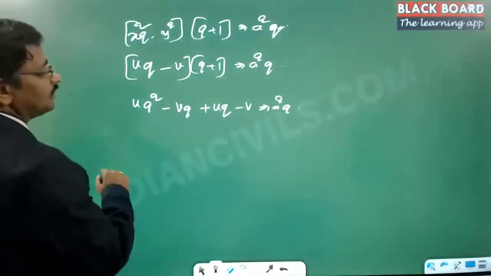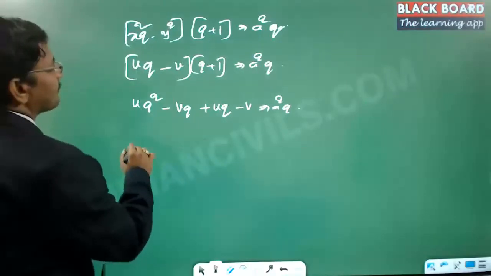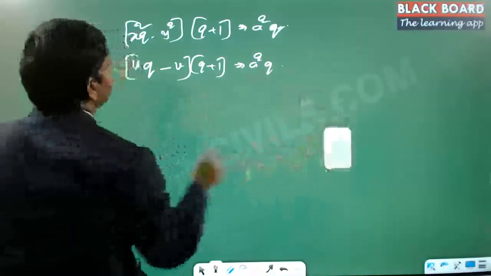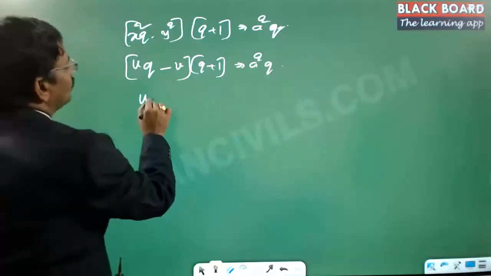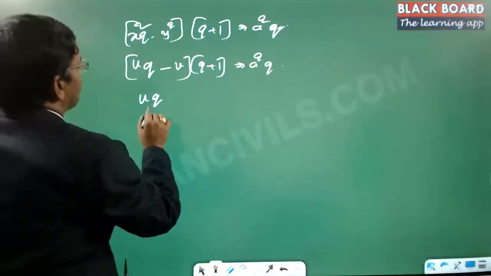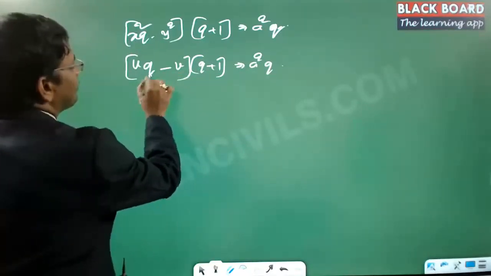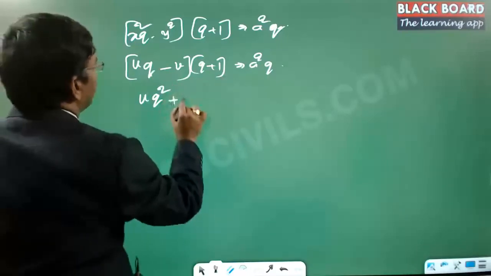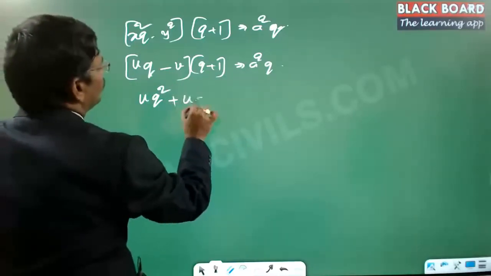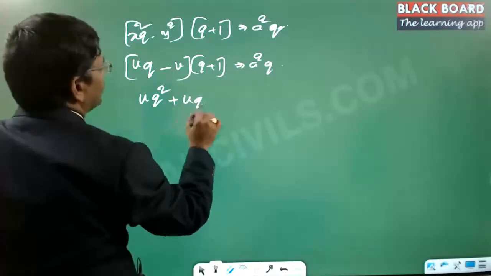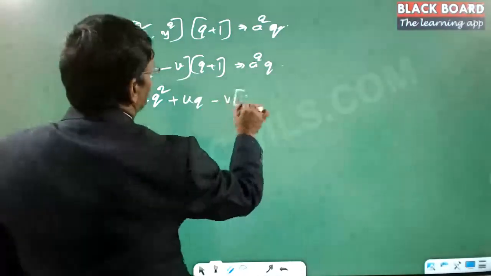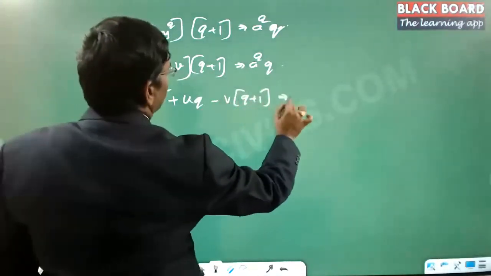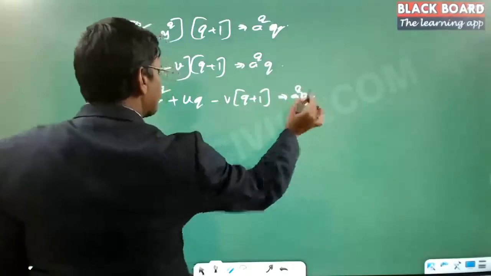And so from this, what we can do is, or else actually we will just multiply with q. So uq square plus 1 uq minus v into q plus 1 equal to a square q. Right?